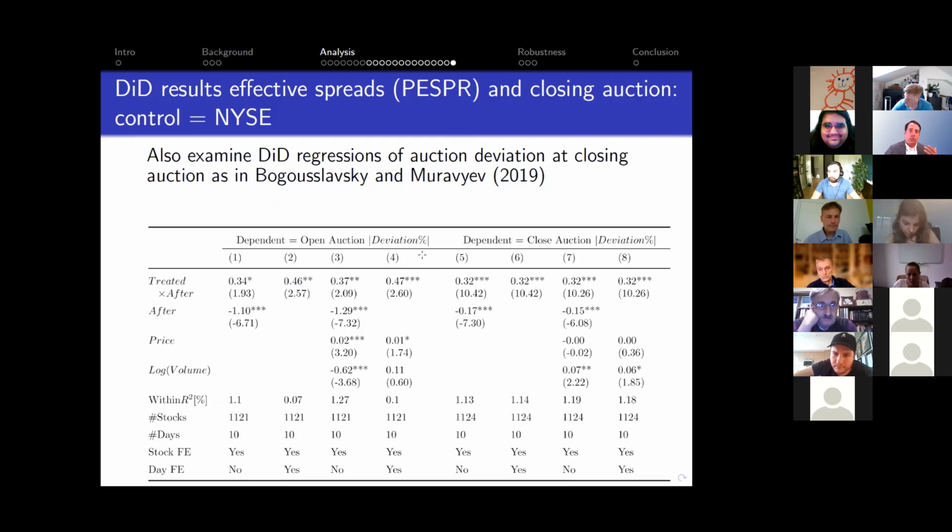So you can see how different the auction is from continuous trading. And what you see after the floor closure is, at both the opening and closing auction, an increase in this deviation measure. So it really does seem like, again, at the opening and closing, that's where these results are biggest, right? When things are most complex.